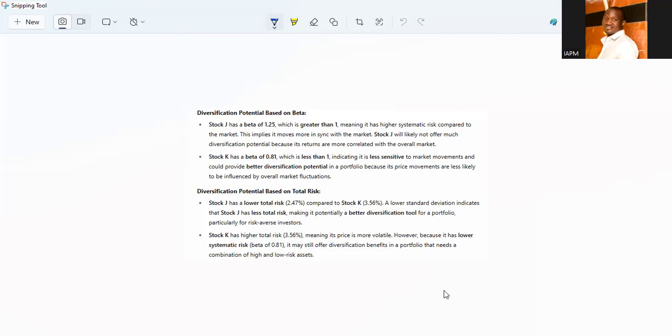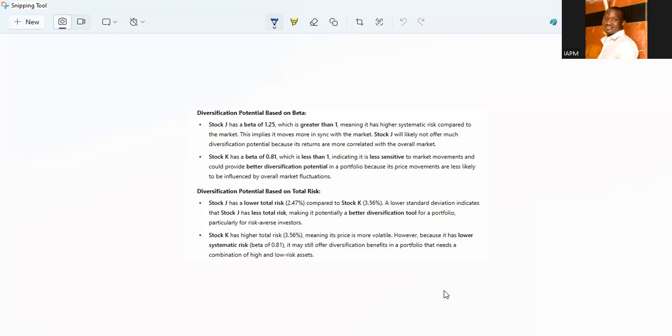Then diversification potential based on total risk. J has a lower risk of 2.47 compared to stock K, which is 3.56. A lower standard deviation indicates low total risk, so it is potentially a better diversifying tool for the portfolio, particularly for risk-averse investors.